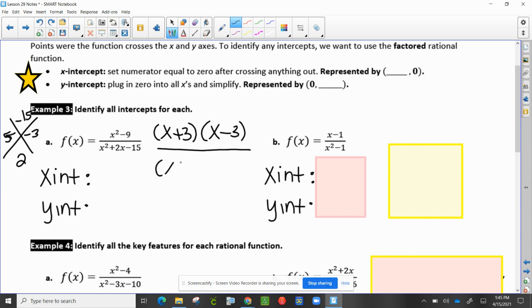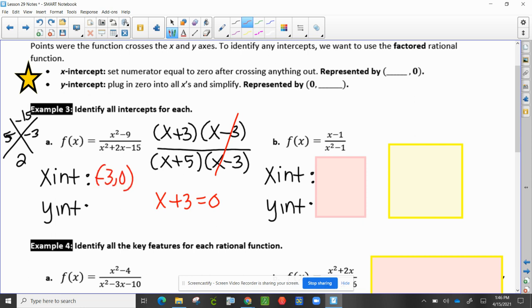So we'd have x plus 5, x minus 3. So we can see that these x minus 3's will simplify out. So what's left on top in our numerator is x plus 3. If I set that equal to 0, we should get that -3 is where our x-intercept is.